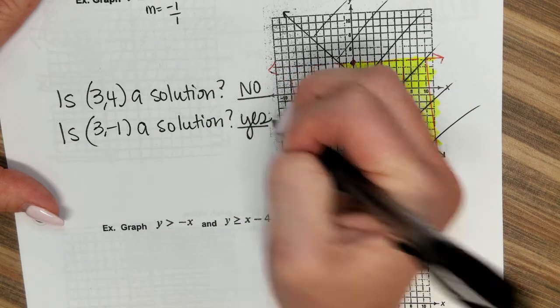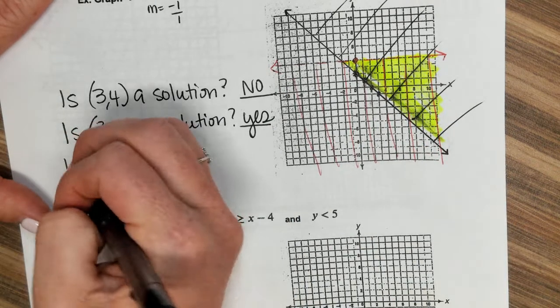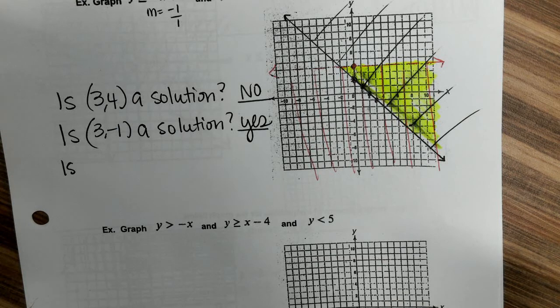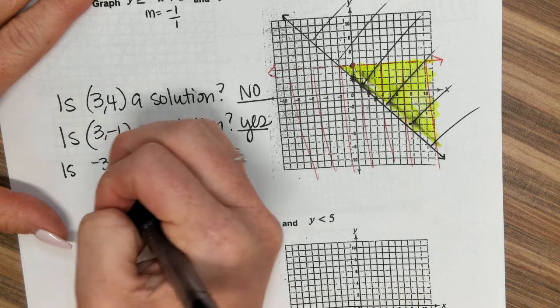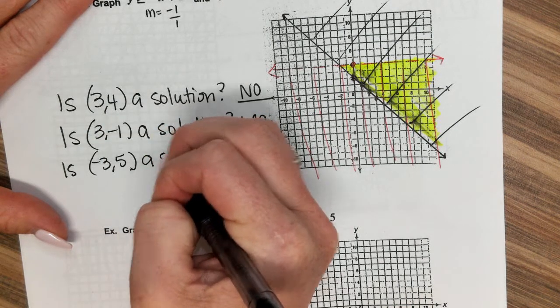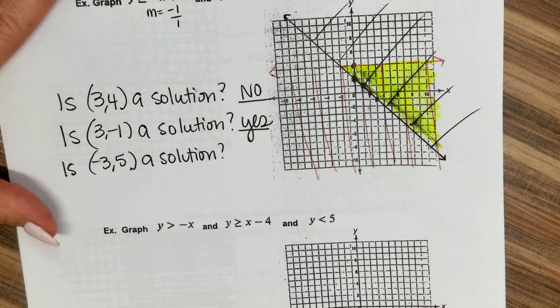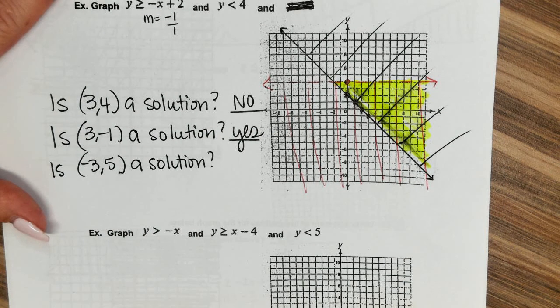All right, I got one more question for y'all. Is (-3, 5) a solution?